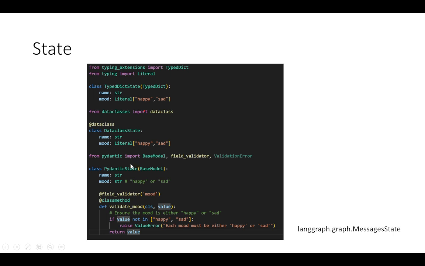You can even go more advanced with Pydantic. Here you have to derive from the BaseModel of Pydantic. Now you can add a field validator. So here I have said the mood can only be happy or sad. So you can go more advanced with Pydantic.